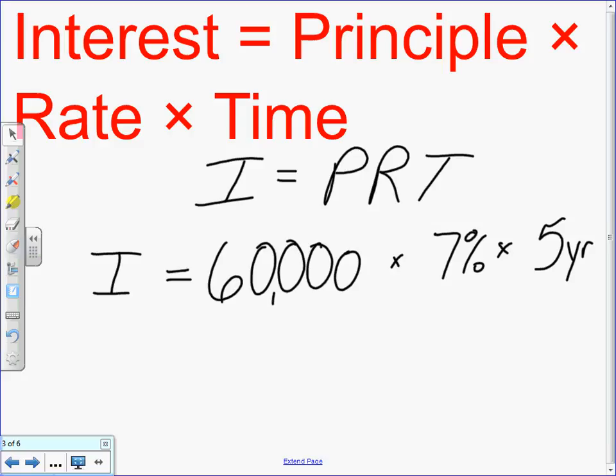What do we get? 21,000. 21,000? Okay. So we got $21,000 in interest.